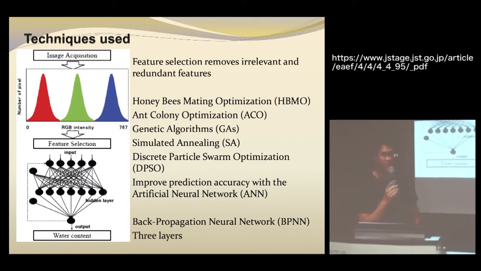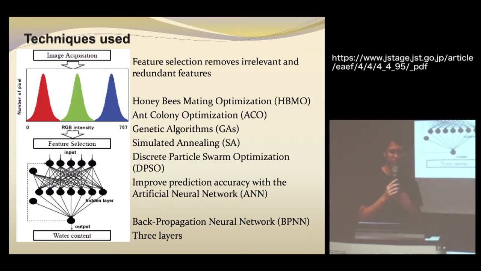Here is a little explanation of how the experiment proceeds. First, with the camera we take an image, and then we calculate the RGB graph. We can see the normalized pixels of RGB, and then we put this graph into the input of the feature selection.